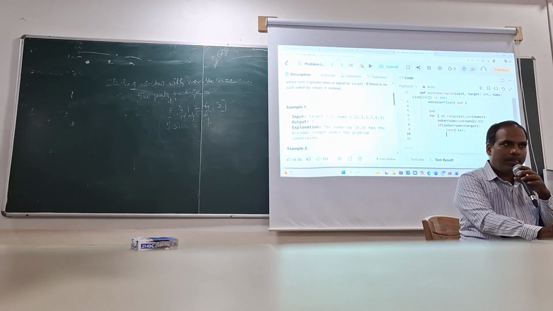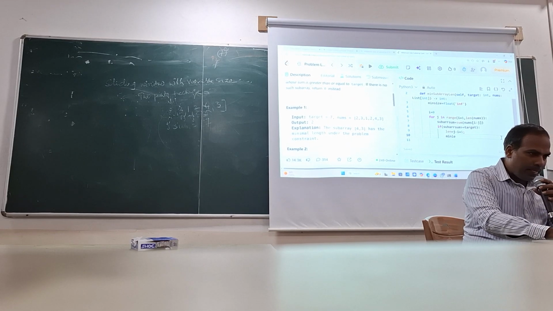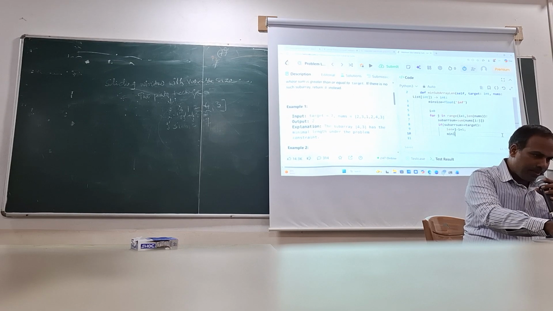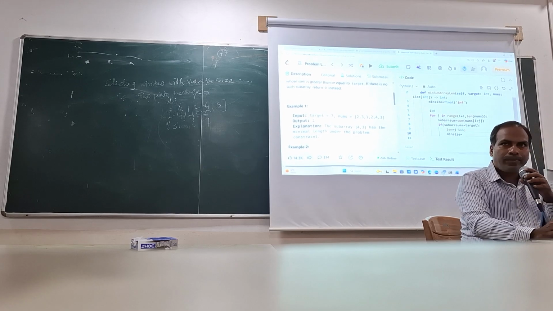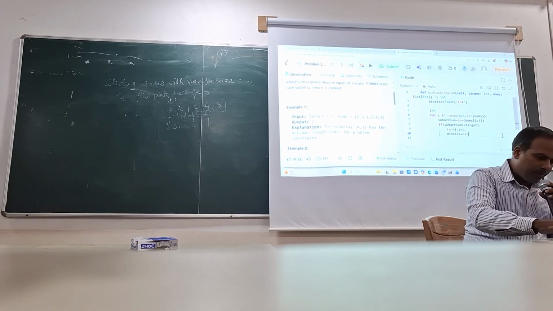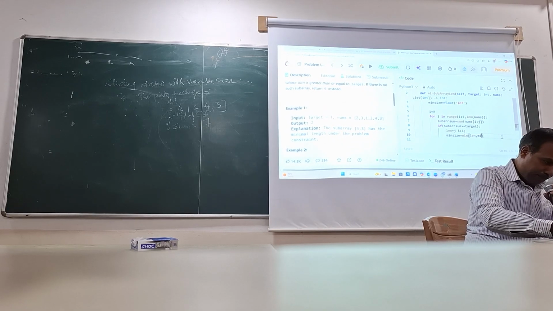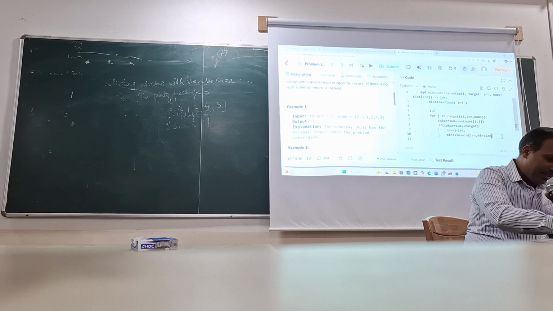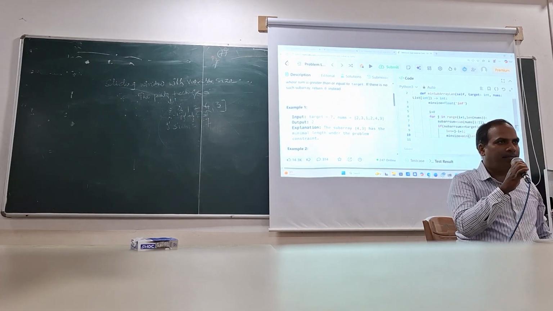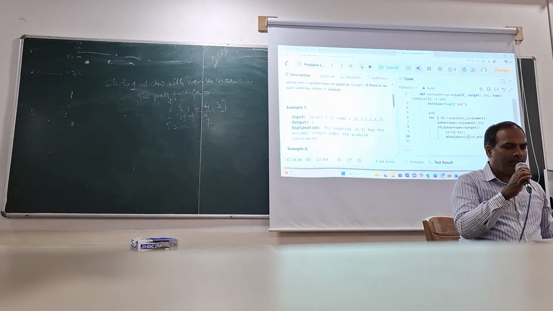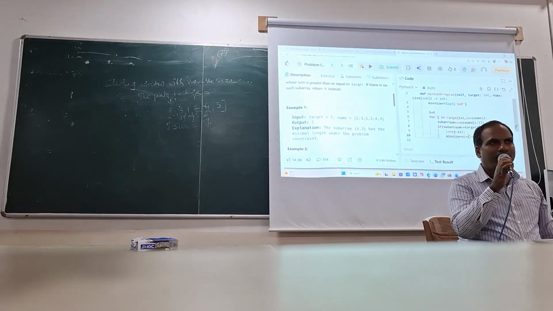Find that length. Now, the minimum length. I'm just calling it min size. Min size is equal to minimum of length comma min size. I hope you understand. Initially you assume that the minimum length is infinite, but now that infinite value you are comparing with the current length, and whichever is minimum, you pick up.